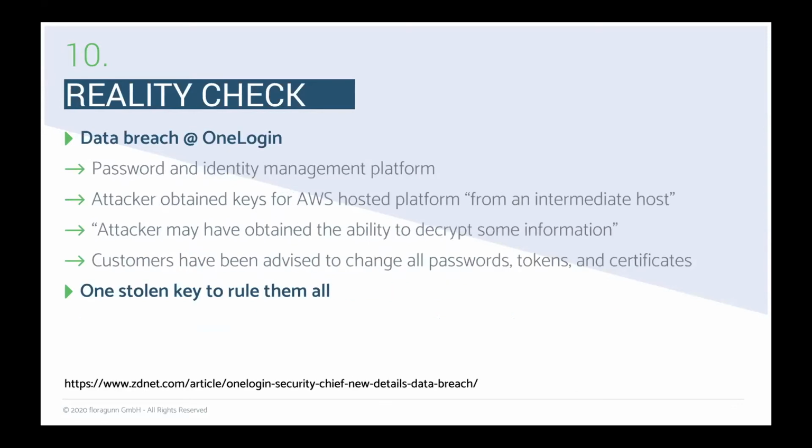And last but not least, the data breach at OneLogin. This is a very interesting one. It's not quite clear if the underlying system was Elasticsearch or something else. But as far as I understood, the way that this attack took place is that the company lost an AWS key to an intermediate host.